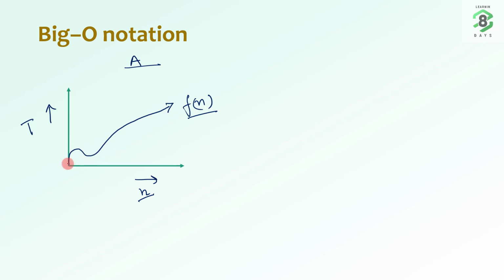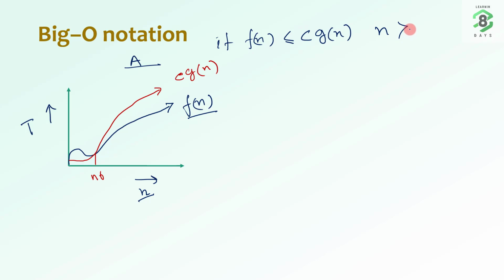Now, if we can find another function called c·g(n), where c is a constant, and this function c·g(n) is always above the function f(n) after a certain point n0, that is, if f(n) is less than or equal to c·g(n) for all n greater than or equal to n0 and for c greater than 0, then we can say g(n) is the upper bound of the function f(n), and we write f(n) = O(g(n)).